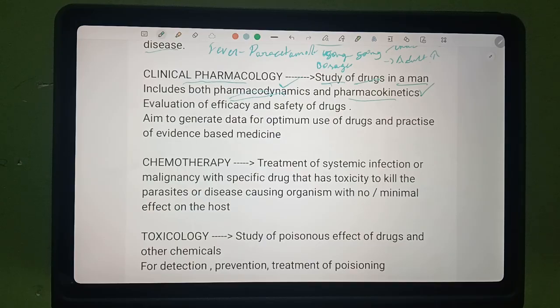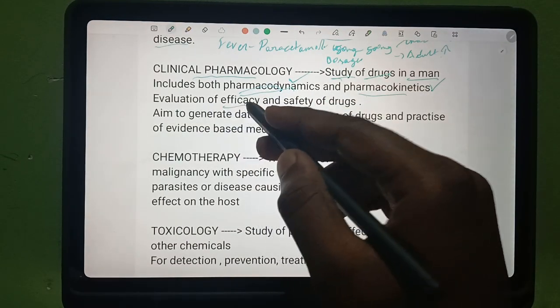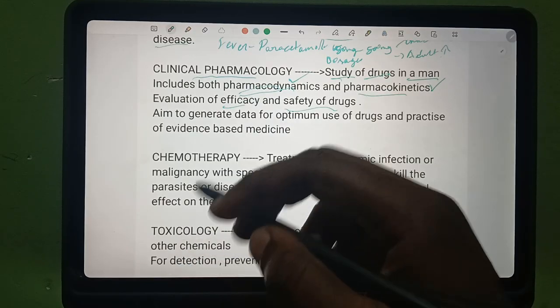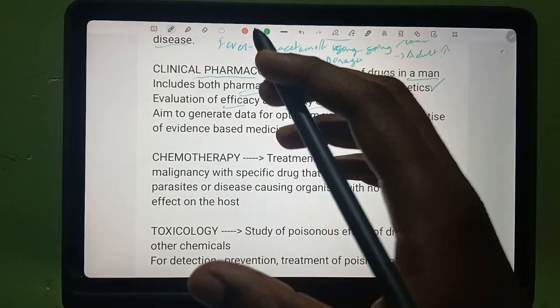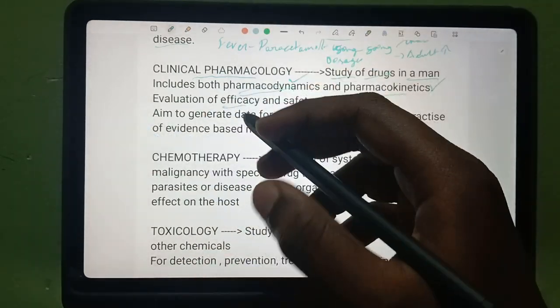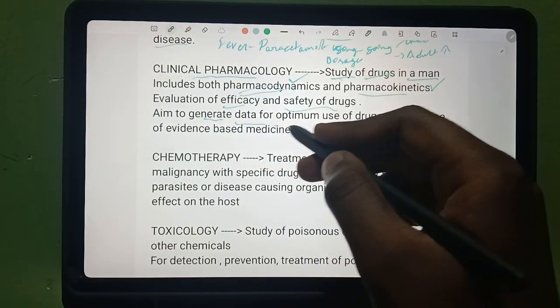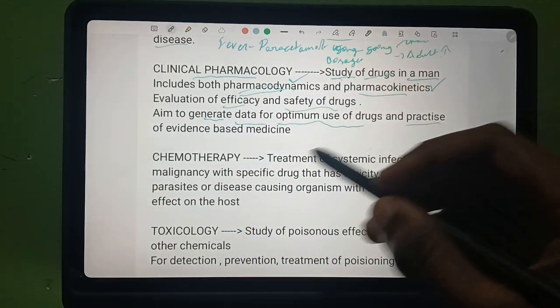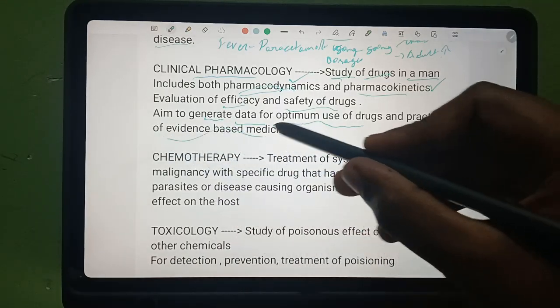It includes evaluation of efficacy and safety of drugs. Its main aim is to generate data for optimum use of drugs and practice of evidence-based medicine.